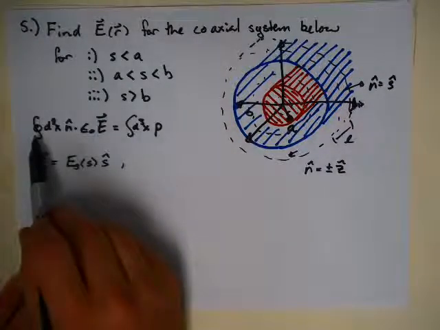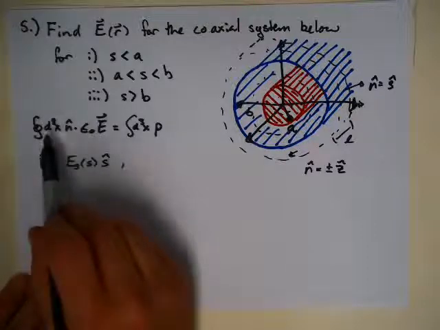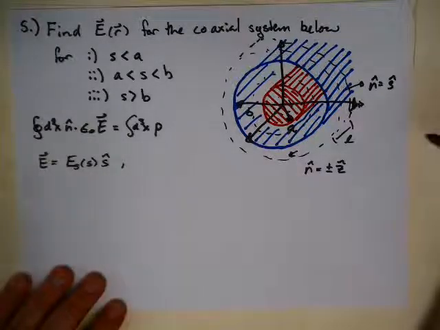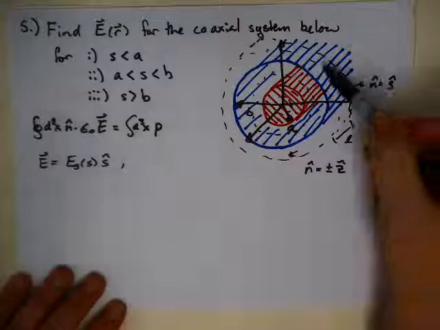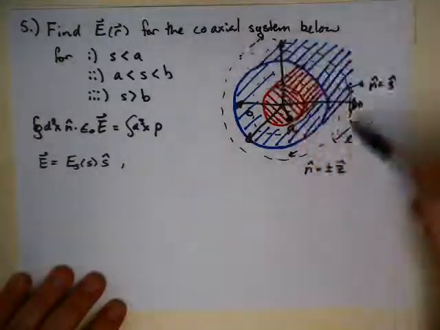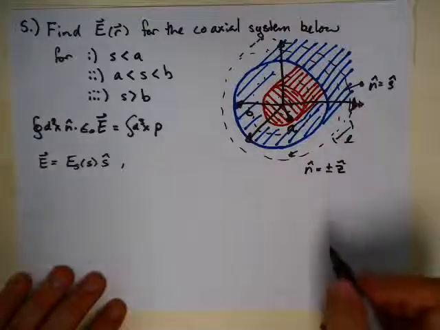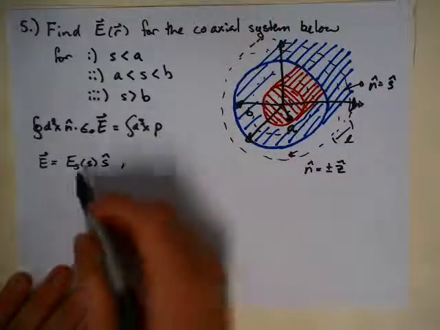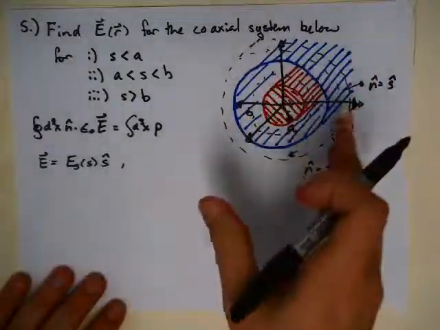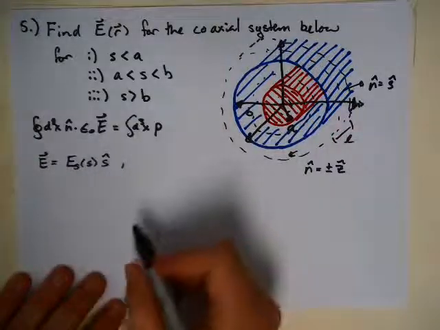So this surface integral over the closed surface is going to give us only the surface integral through the sides of the cylinder. Furthermore, because of symmetry, I can twist this thing however I want, and the value of E is not going to change.